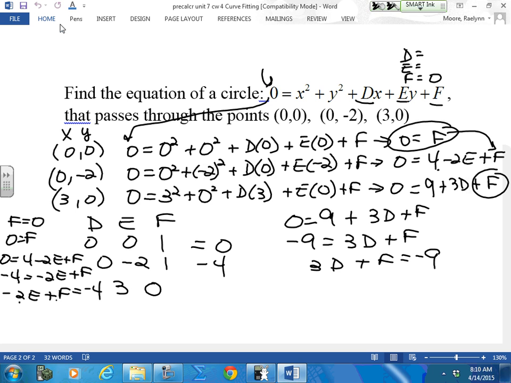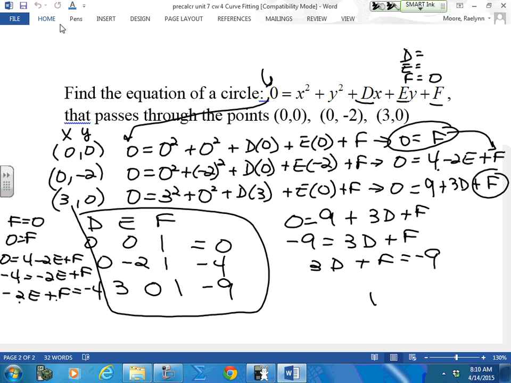F is what? Put this in your matrix. While you do this in your matrix, we'll do this by hand. We know that F is 0. If I plugged in a 0 here, you guys put it in your matrix and I'll do it by hand.